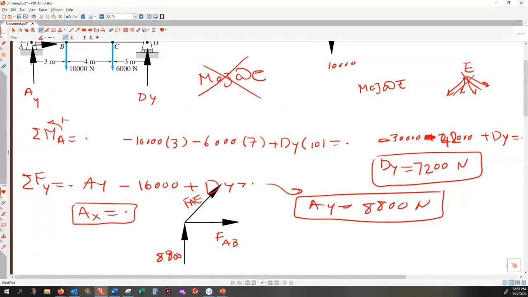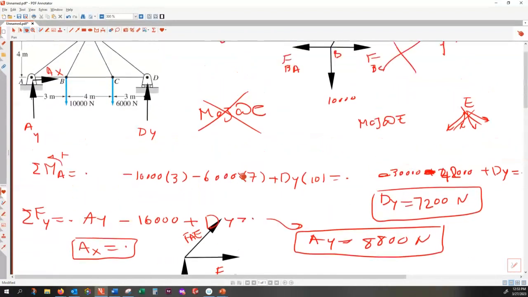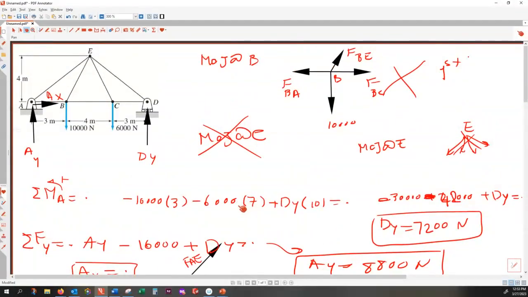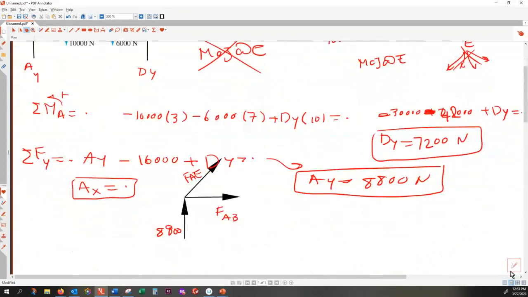And the angle between these two forces is 3, 4. So that's a triangle: 3, 4, and 5. So FAE times cos theta or times sine theta should be equal to 8,800.